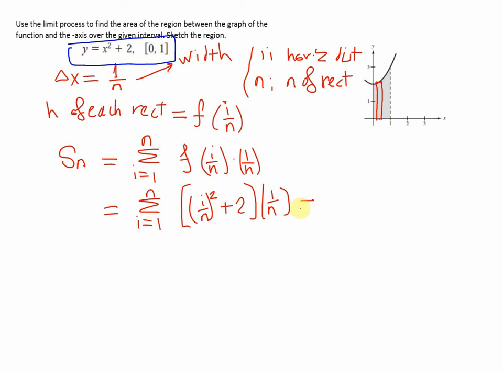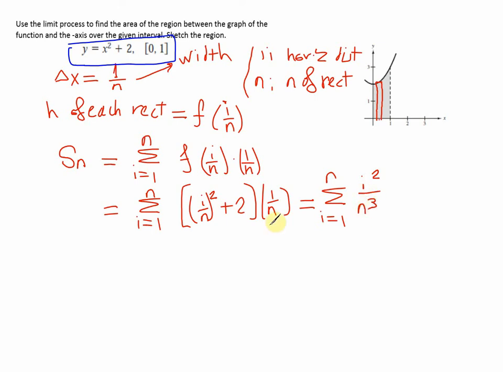So if I want to reduce this, let us have the same sigma from i equals 1 to n of i squared over n squared times 1 over n. It is i squared over n cubed.